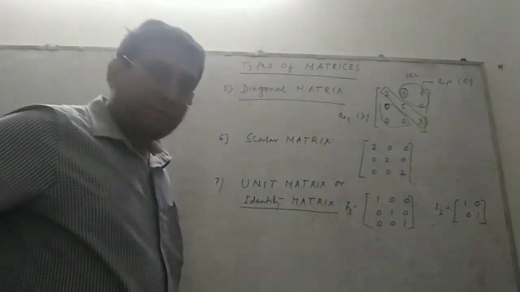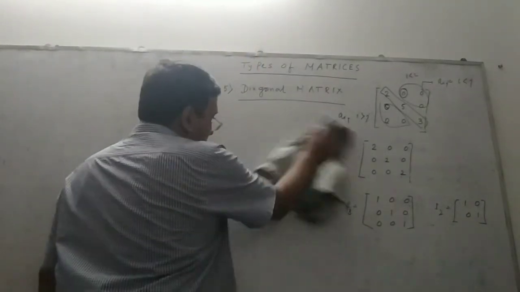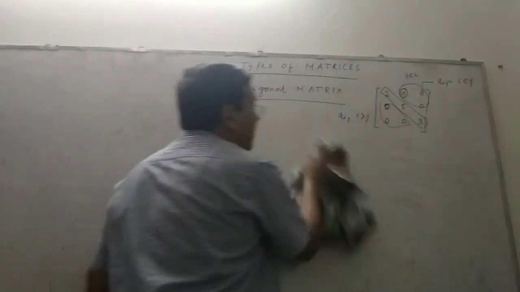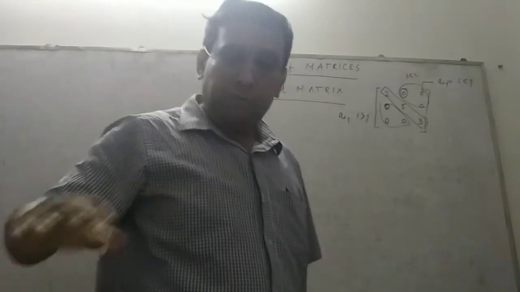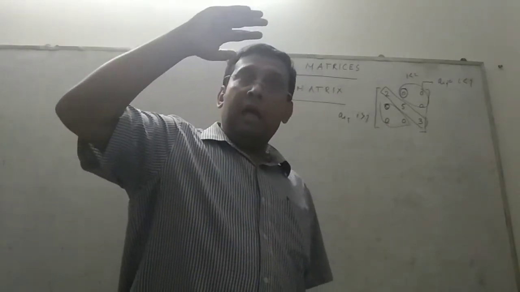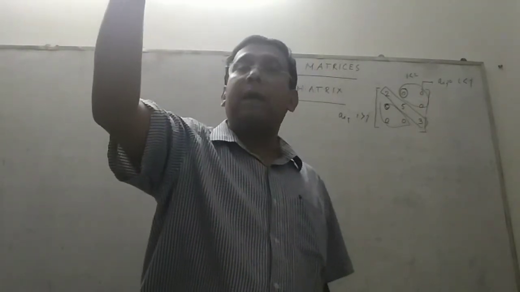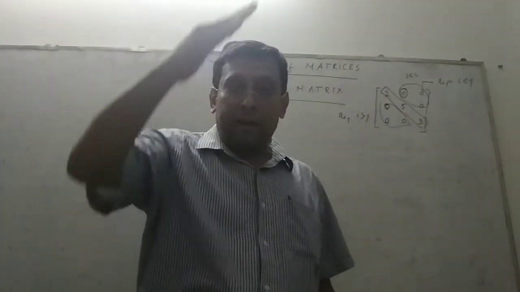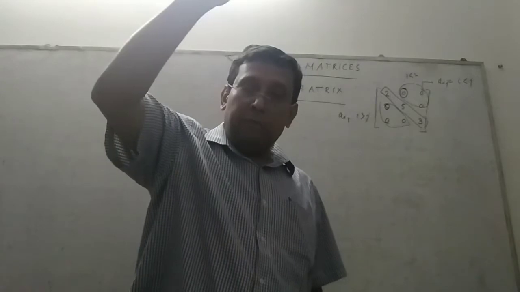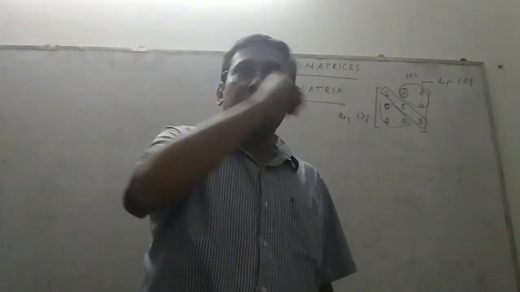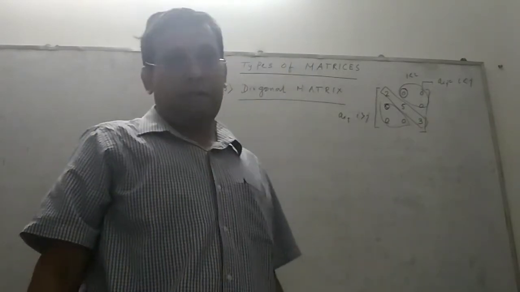So what is an upper triangular matrix? Again, as I said, we are classifying these matrices based on the primary diagonal. When the elements above the primary diagonal are non-zero, and the elements below the primary diagonal are 0, then the matrix is called an upper triangular matrix.